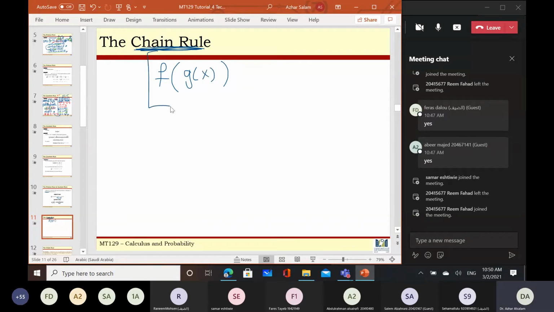If I want to find the derivative of this function, I can write d by dx.